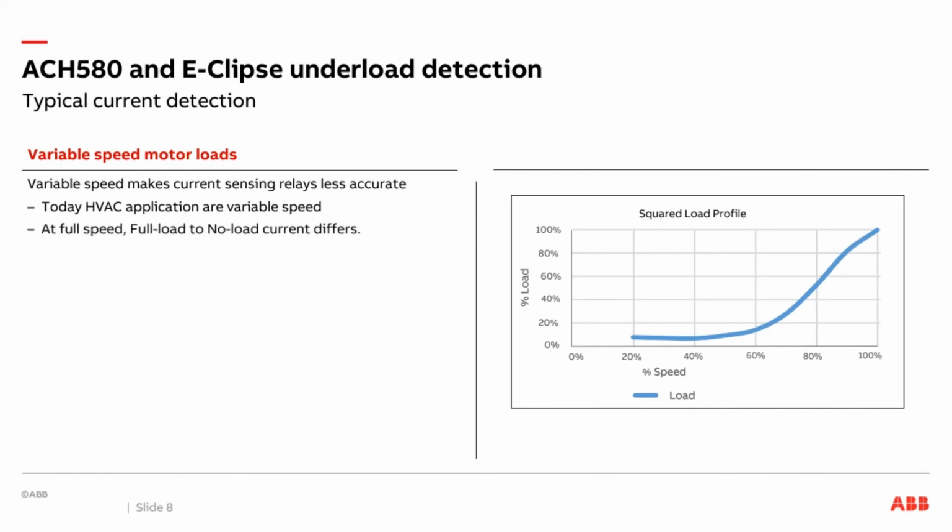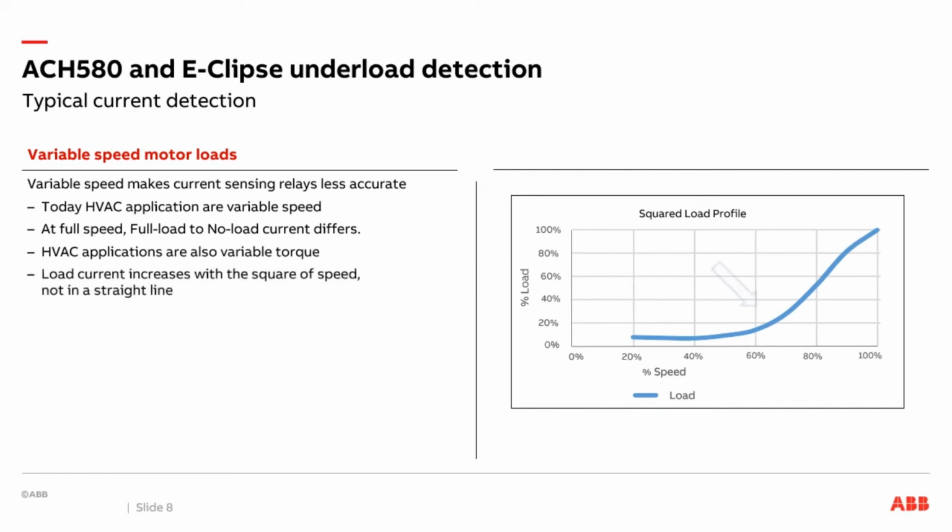Another factor is that HVAC applications have a variable torque current profile. That means the current used by a fan or pump does not increase in a linear curve as the speed increases. In math terms, the load increases with the square of the speed, but in more practical terms, it means that detecting underload using current is more difficult than before, and here's why.